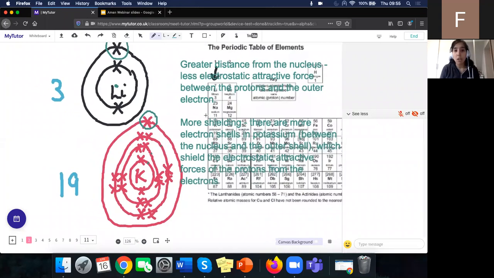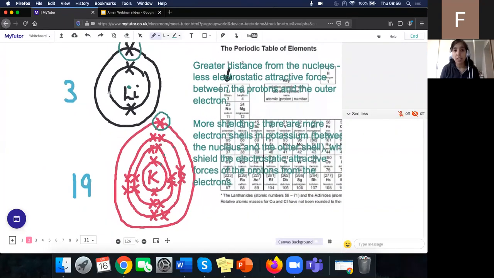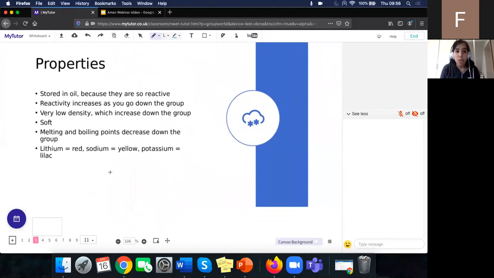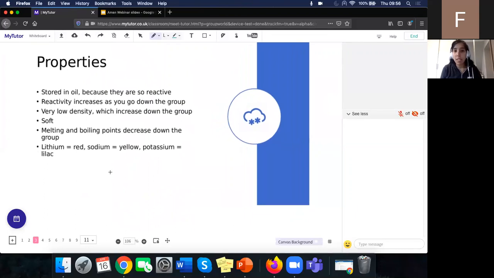But the one kind of criticism of this is that the atomic number increases in potassium, so therefore there's more protons, so you would expect there to be a greater electrostatic attractive force in potassium than in lithium, but that's not the case because these 2, the greater distance and the more shielding, are more effective, or they overpower the fact that there's more protons. Okay, so that's explained why the reactivity increases down the group, so greater distance from the nucleus and more shielding.